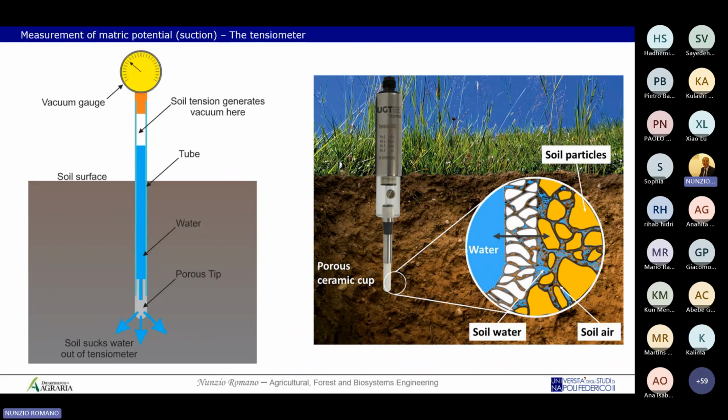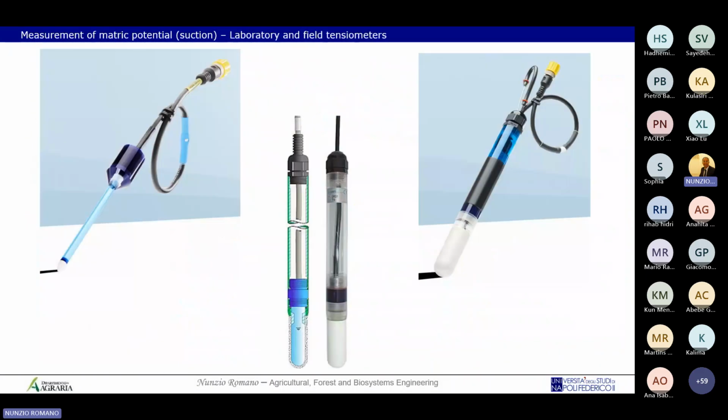So you don't have a digital, continuous measurement of the suction, and especially in certain applications this can be not a good thing, and you prefer to have a continuous measurement.